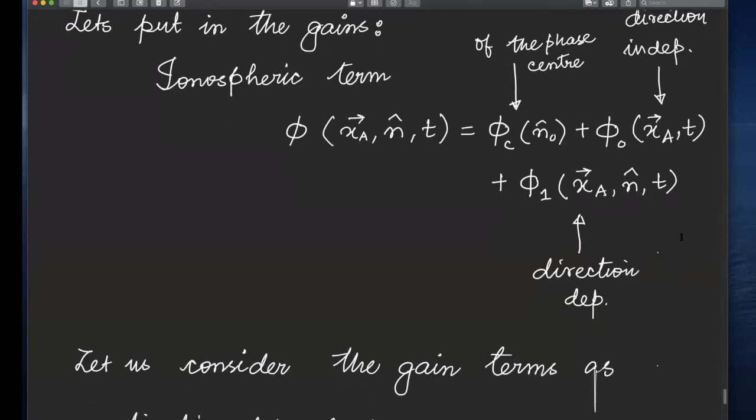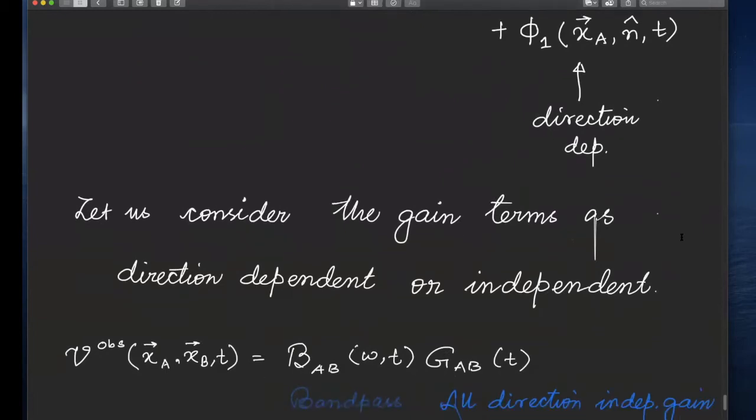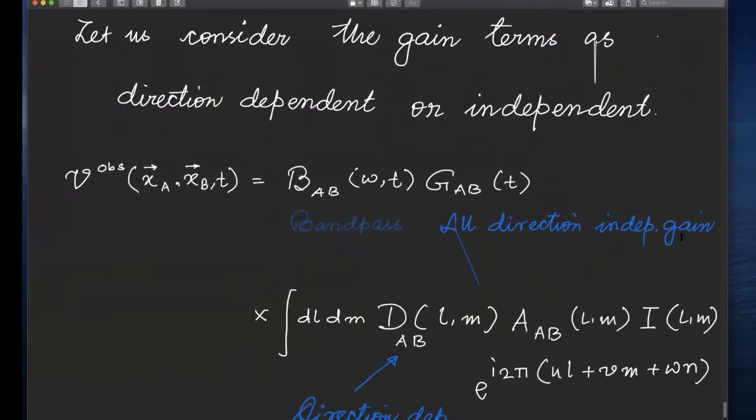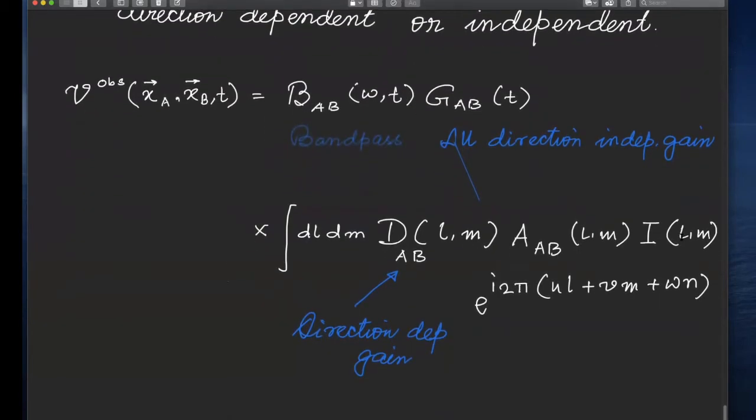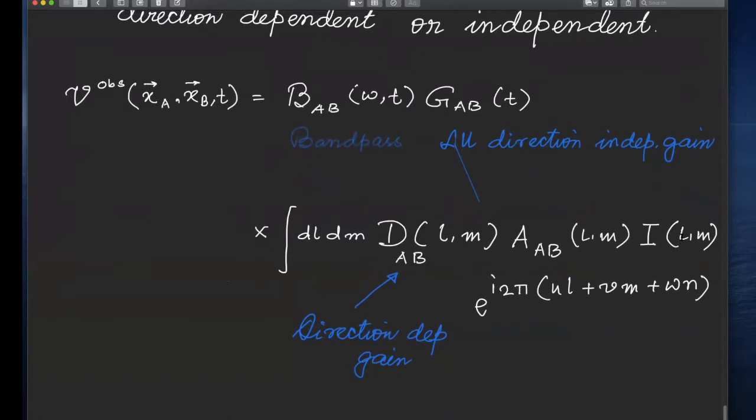Now I can write down the observed visibility a little differently, where I have the bandpass. This capital B now has suffix A and B because I have clubbed in small b A and small b B into this term.